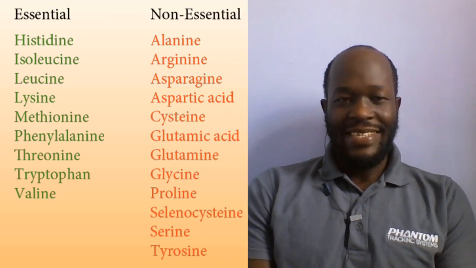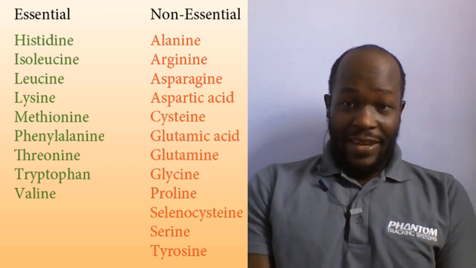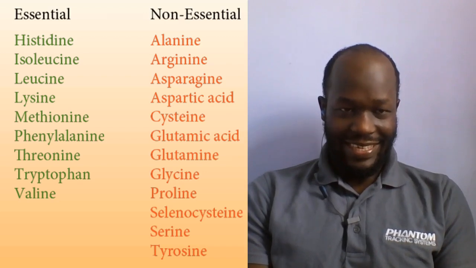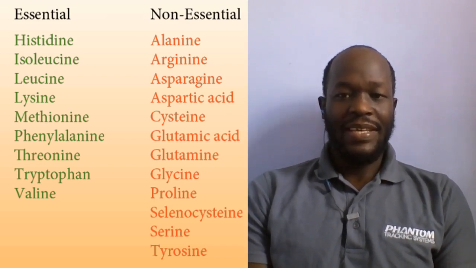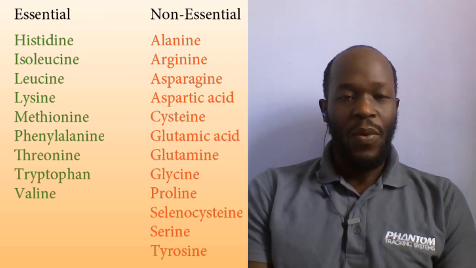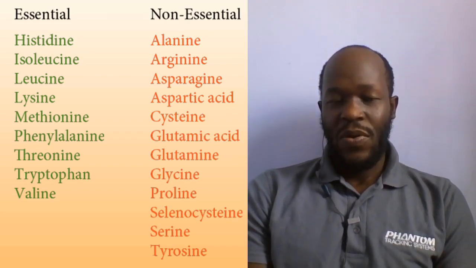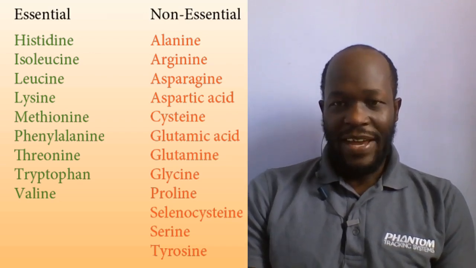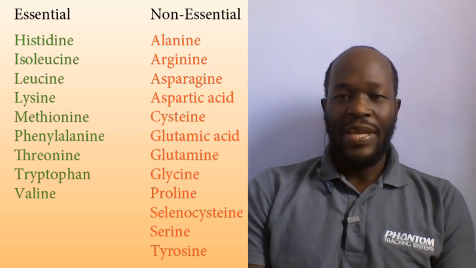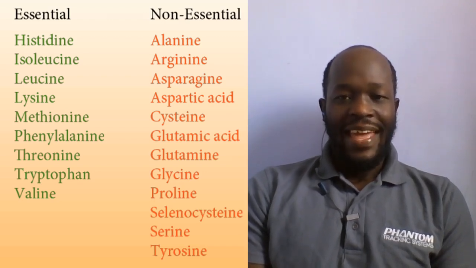Okay, non-essential amino acids include alanine, arginine, asparagine, aspartic acid, cysteine, glutamic acid, glutamine, glycine, proline, serine, and lastly tyrosine. Those are the non-essential amino acids. If you would like me to repeat, I'll say they include alanine, arginine, asparagine, aspartic acid, cysteine, glutamic acid, glutamine, glycine, proline, serine, and tyrosine.